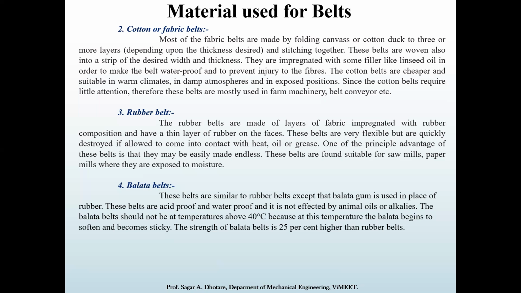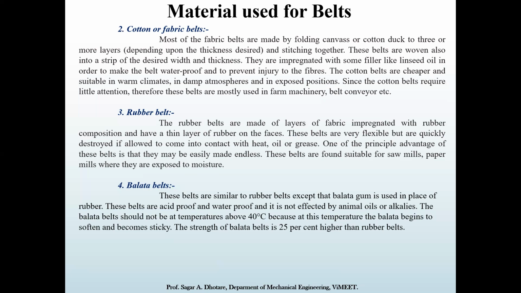In a sawmill, we directly cut the wood, and here the moisture content is obviously high. In paper mills also the moisture content is high. So to waterproof, or to avoid moisture coming in contact and reducing the strength of the belt, this type of belt can be used.